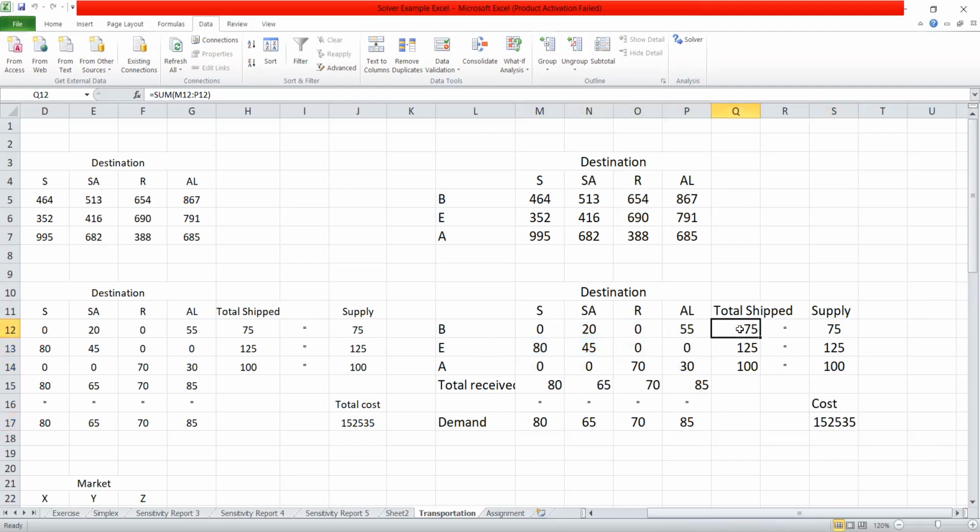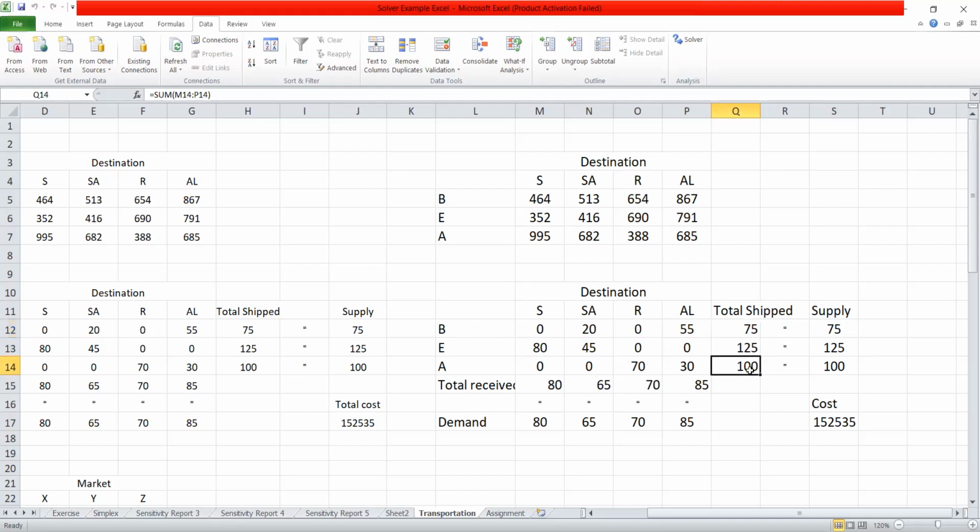Even the total shipment you can see from the supply. From the factory B supply, you supply 20 to the SA market and 55 to the AL market. From factory E, with 125 supply, you distribute 80 to market S and 45 to market SA.